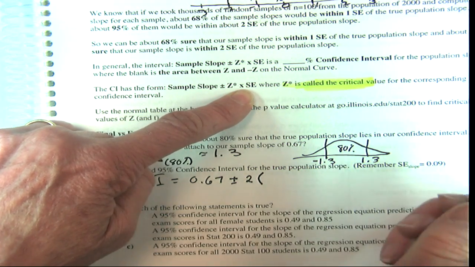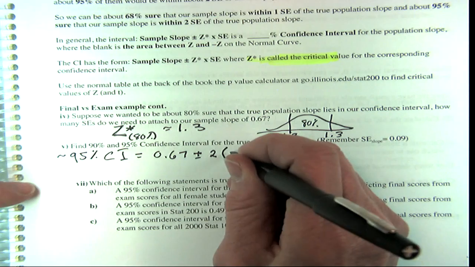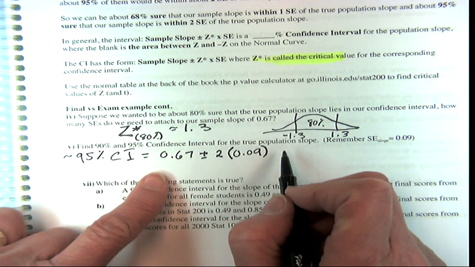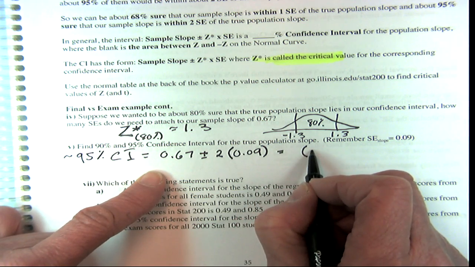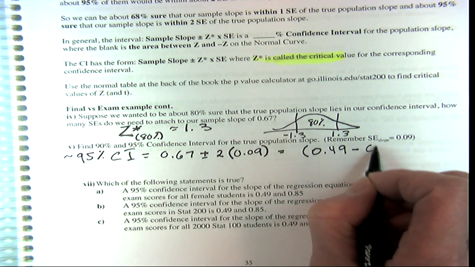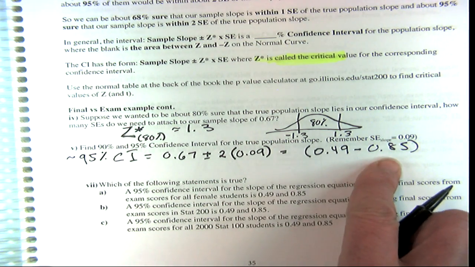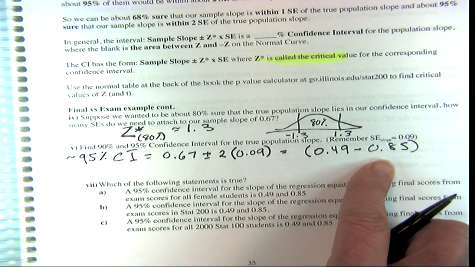Now, what was our standard error? It was right here: 0.09. So that's going to be equal to 0.49 all the way up to 0.85. So we're 95% confident that our true slope is in that range.